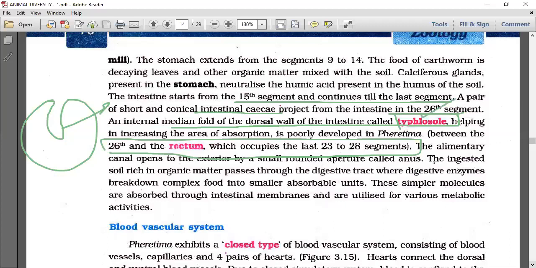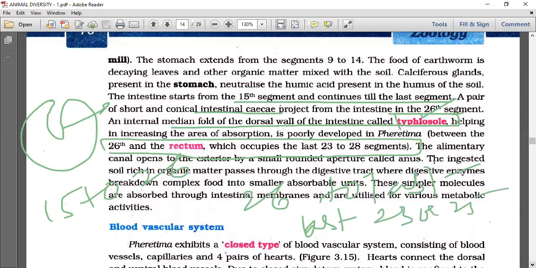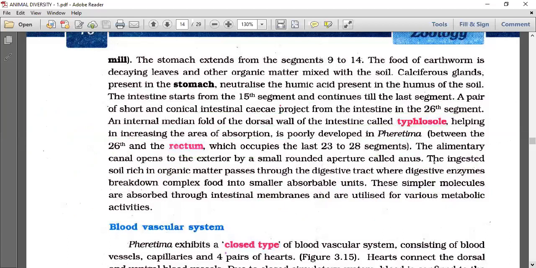He is giving the address of the tiflosolar. The remaining I also gave: 15 to 26 is the pre-tiflosolar region. 26 to the last, except the last 23 or 28, is the tiflosolar region. The last 23 or 25 or 28 is the post-tiflosolar region. Finally, it opens to the exterior by a small rounded aperture called the anus.